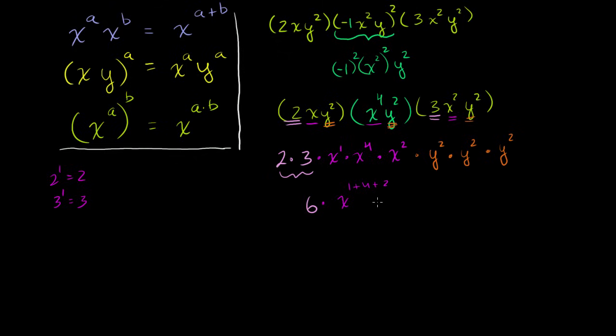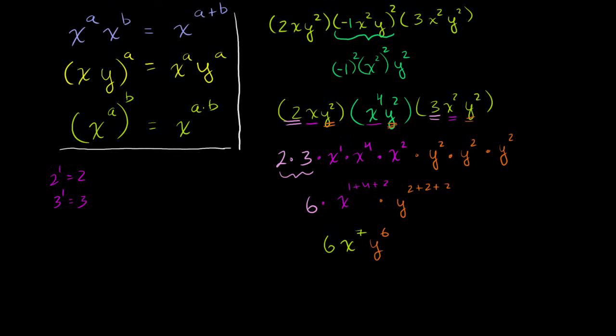And on the y's, this is times y to the 2 plus 2 plus 2 power. And what does that give us? That gives us 6 x to the 7th power y to the 6th power.